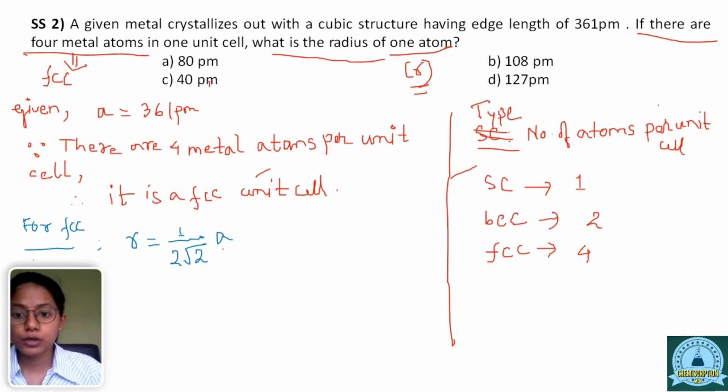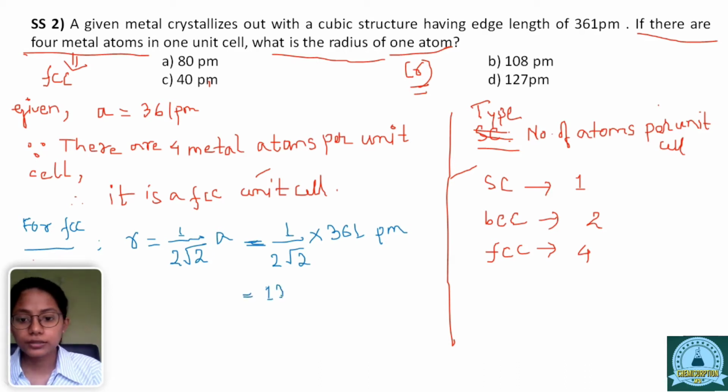Now we have the value of a, therefore it is 1 by 2 root 2 into 361 picometer. Calculating this value, we get 127 picometer. So the correct answer would be D.